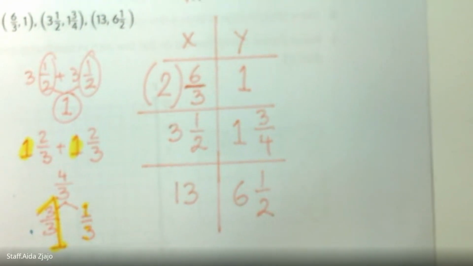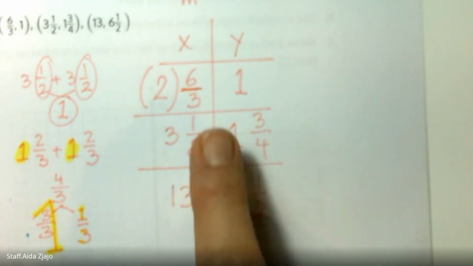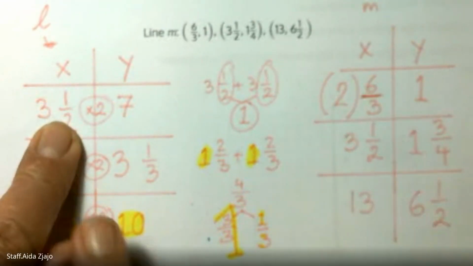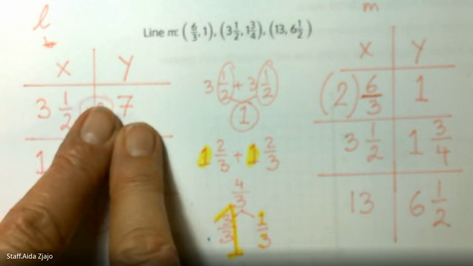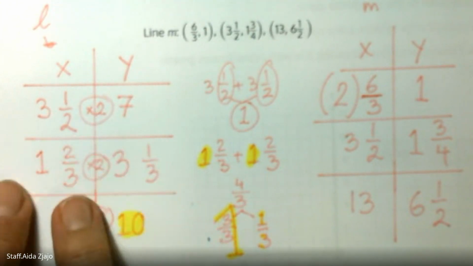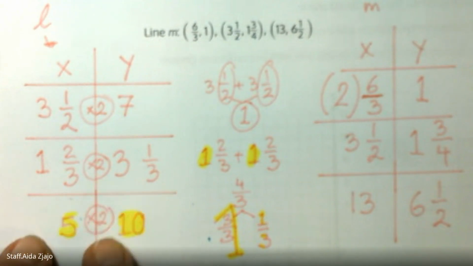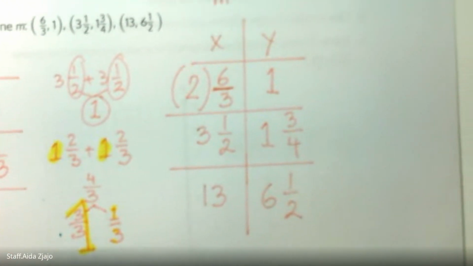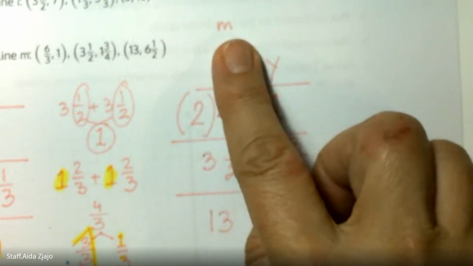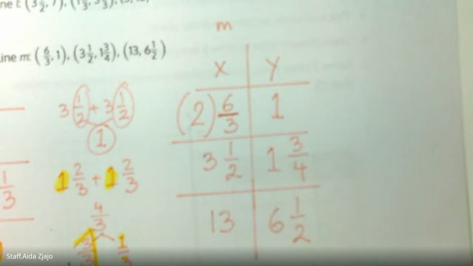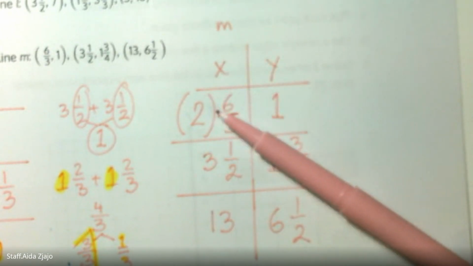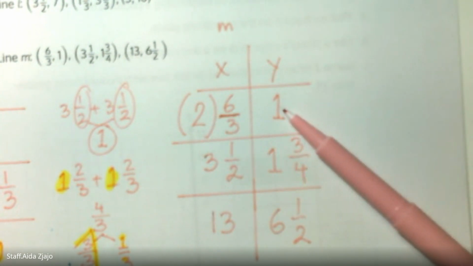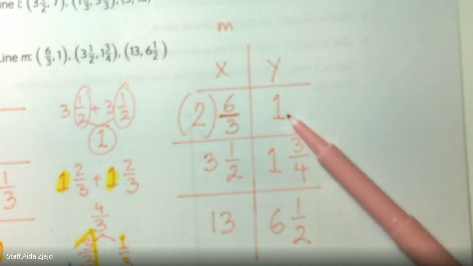When we look at this, the first thing I noticed is that in this case, x is greater and y is getting smaller. Looking at the pattern for line M, if x is 6/3, which makes 2, then y is 1. So from 2, it goes to 1.